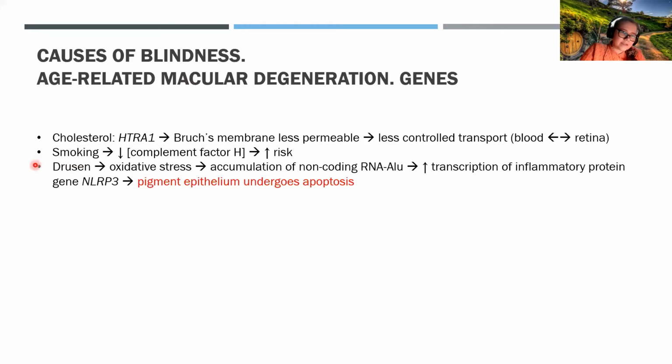And as I said, drusen that distort the epithelium hugely lead to oxidative stress in the eye, and this leads to accumulation of non-coding RNA Alu, and then inflammatory protein transcription is increased, specifically NLRP3 protein, and this leads to the epithelium we saw to undergo apoptosis.